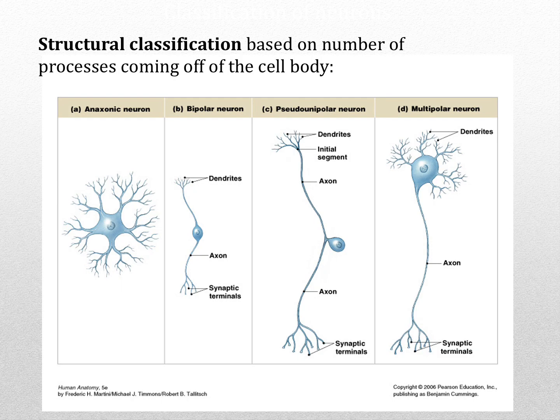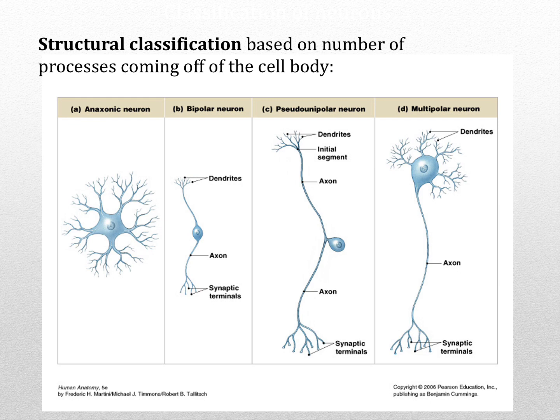So these are the different types, or the structural classification, of neurons. They're classified based on their number of processes coming off the cell body. And I'm going to go into each one separately on future slides. So the first one's called an anaxonic neuron. The anaxonic neuron looks like it only has dendrites.